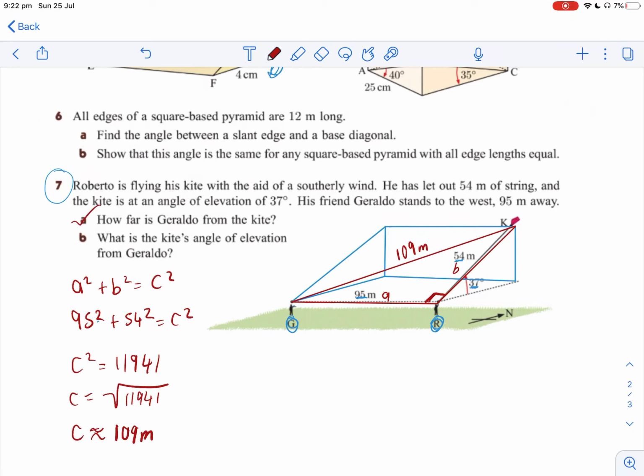Then it says, what is the kite's angle of elevation from Geraldo? We can see the angle of elevation, let me use a different color, from Roberto. It makes this shape here, so it's from the floor up to where the kite is.